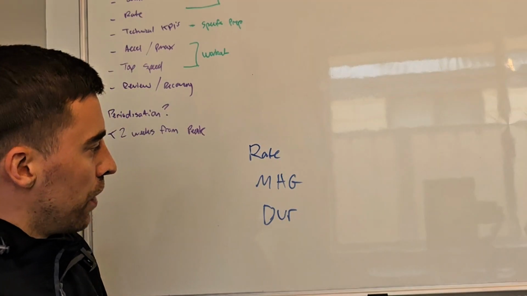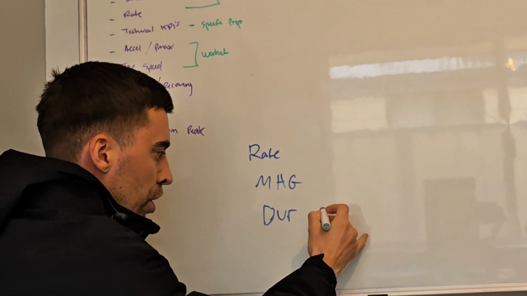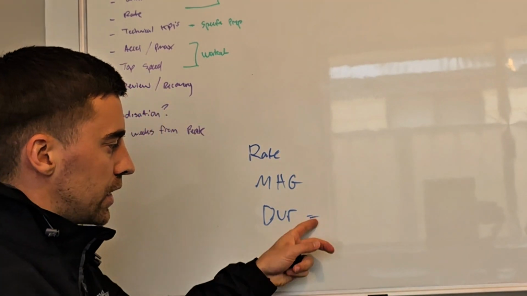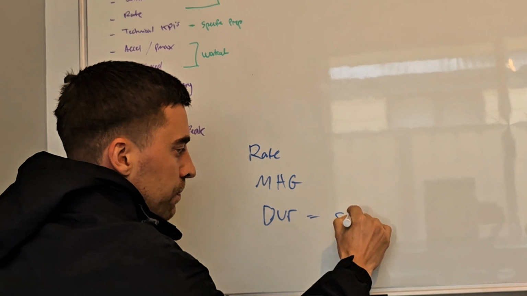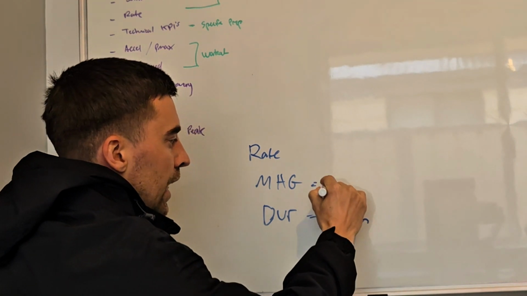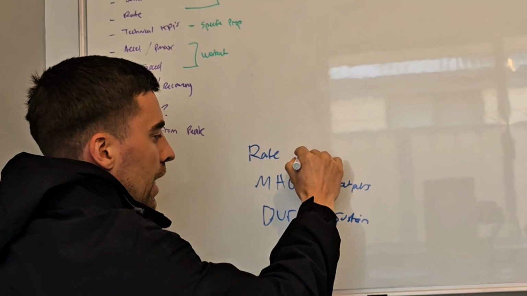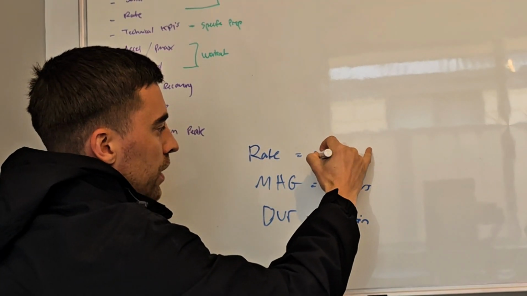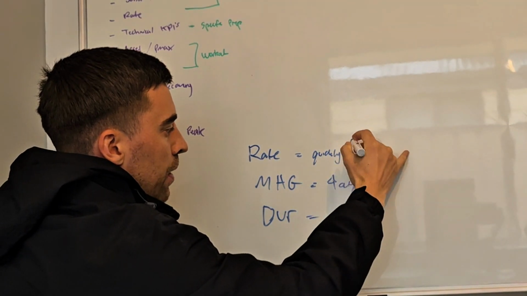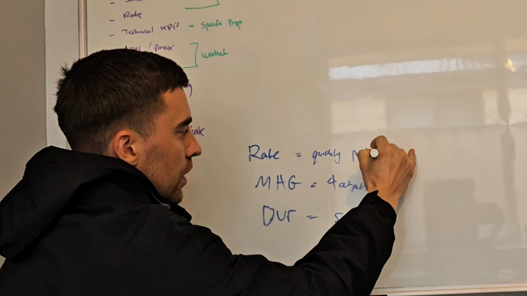In simple terms, duration is the ability to sustain tension. Magnitude is like peak outputs. And then rate is how quickly we can produce outputs.